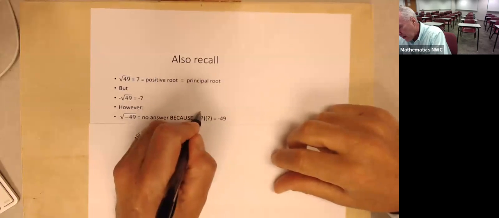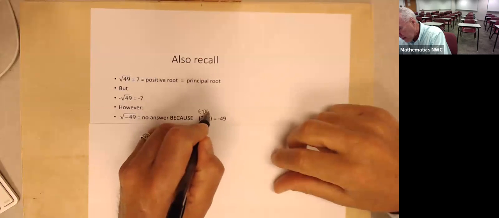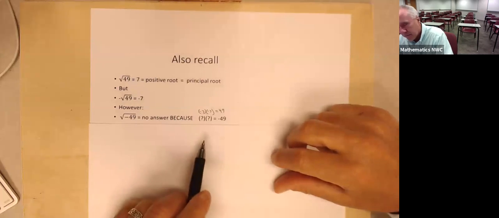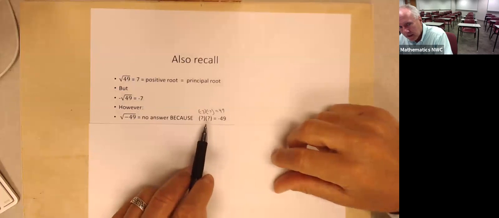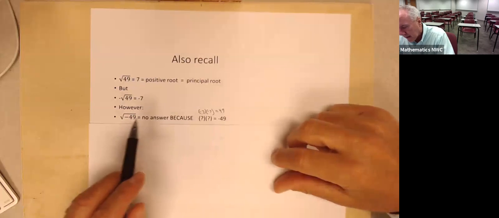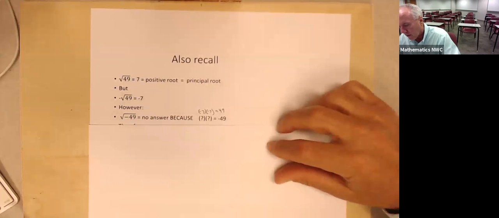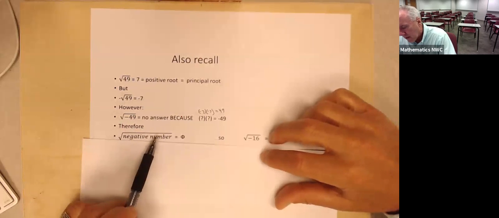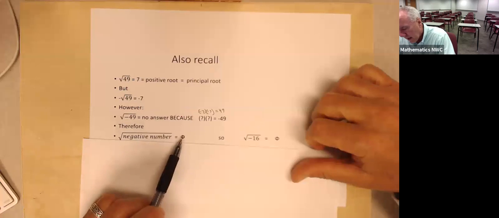But if I put a negative 7 in here times itself, I get a positive 49. So a negative 7 is not going to be the answer there. There is no number that, taken exactly times itself, will give you a negative 49. So that gives us a general rule. The square root of a negative number is going to have no solution.